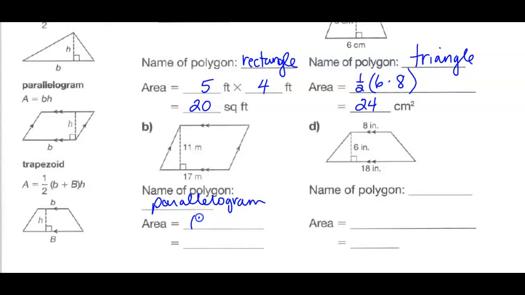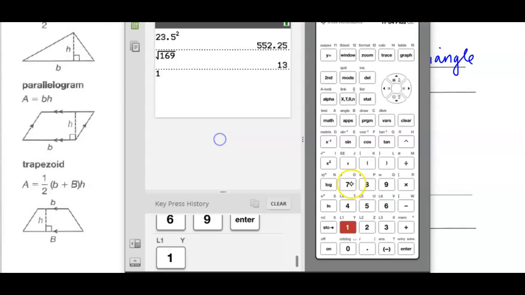So that's 17, so you don't have to use brackets. 17 times 11. So make sure that you're using the base and the height that meet at that 90-degree symbol. You never use this slanted height.